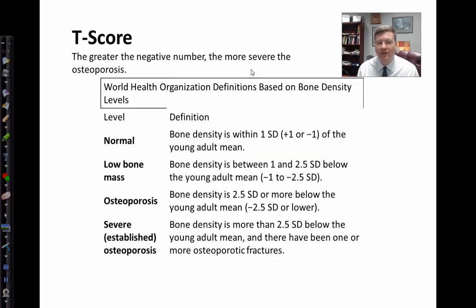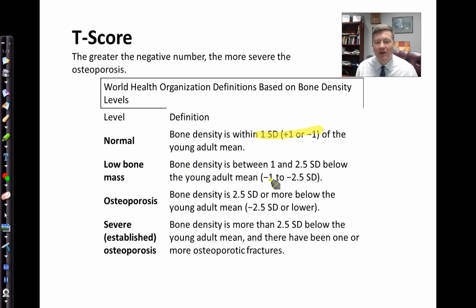I'll just show you the chart here just for a second. Please don't try to memorize this. But you see, if someone has a normal bone density, then they're within plus or minus 1 of the standard deviation. Basically, their average is pretty close one way or the other to most other people, which tells us that historically people in that range have no osteoporosis risk.